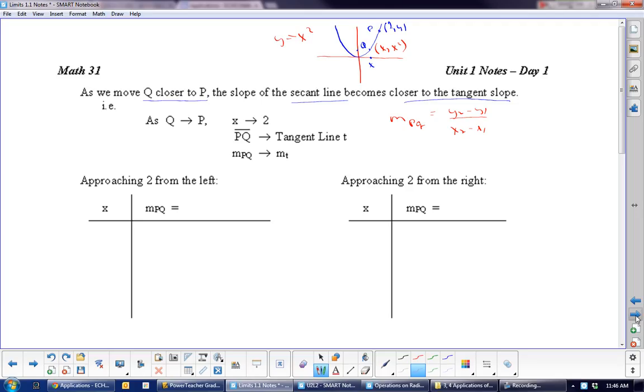Okay, so how do you find the slope between these two? We'll use the slope formula. So here's my slope formula. So y2 minus y1.